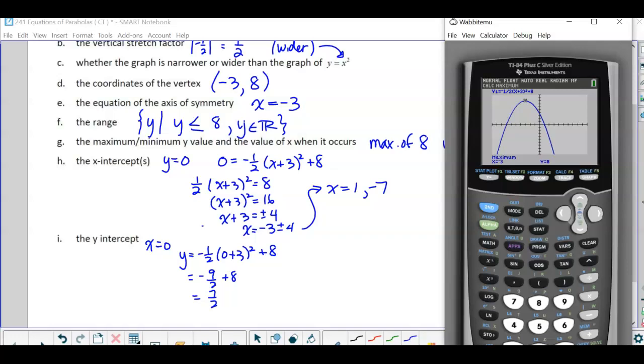Or you can check the x-intercepts. You don't have to do all of them. So if you're in trace mode and you think one of the x-intercepts is 1, just go trace 1, and make sure that the y value is 0, because an x-intercept has a y value of 0. And then you're in trace, you can try negative 7, and it's 0. So all values, we've got all of those correct.